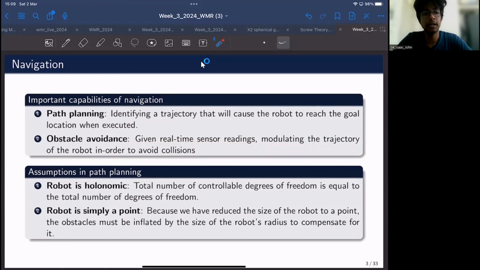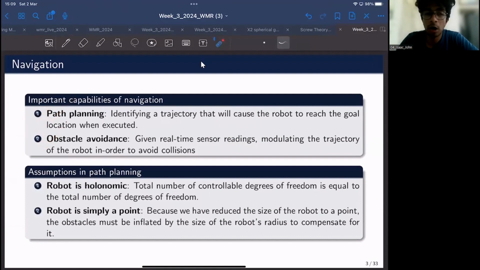The navigation should also deal with modulating the planned trajectory so that the robot will get to the goal position safely without colliding or interfering with any obstacles. So these are the two objectives of navigation: one is path planning, and the other is obstacle avoidance.